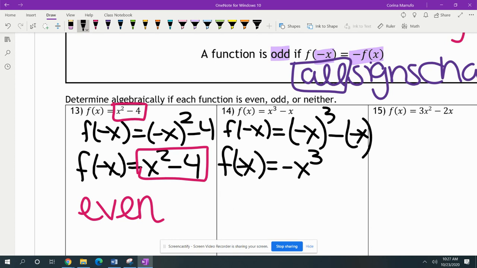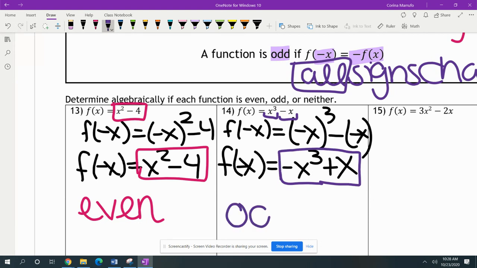And then a negative and a negative makes a plus, so plus x. If we check, this one was originally positive and it turned into a negative. This one was originally negative and it turned into a positive. So all the signs changed. Because all the signs changed, this is an odd function.